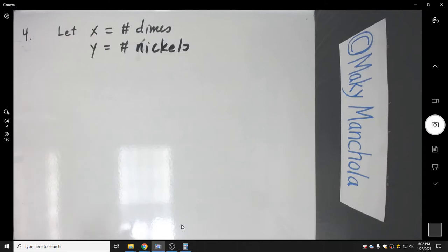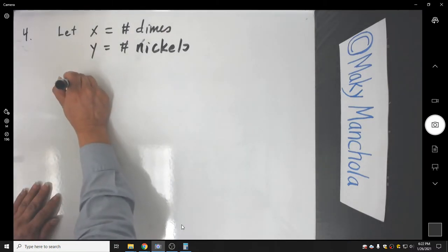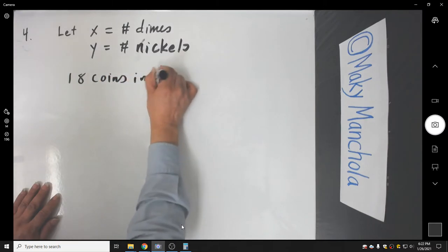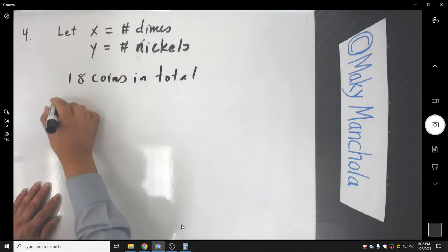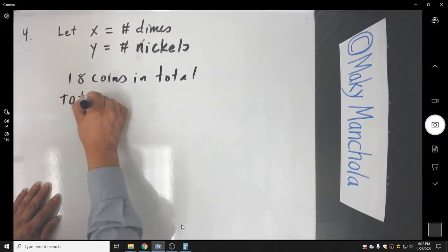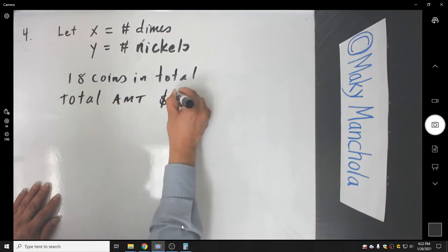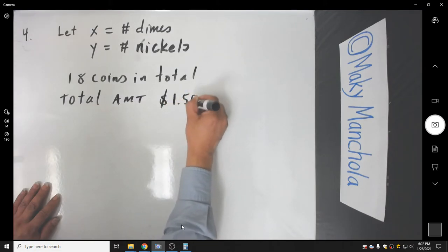Okay, so what's the information we have? That there are 18 coins total and that the total amount is $1.50. So 18 coins in total and the total amount is $1.50.